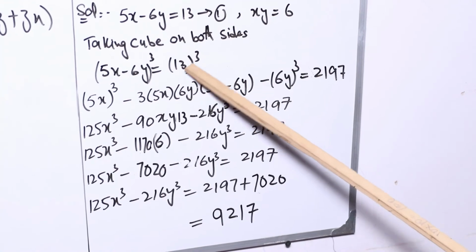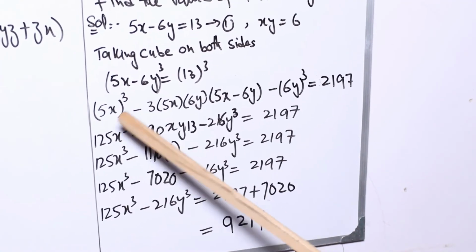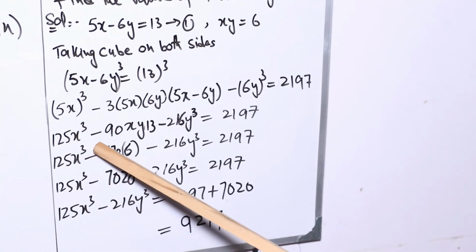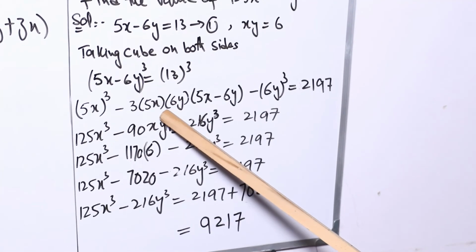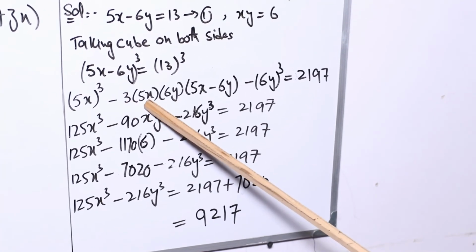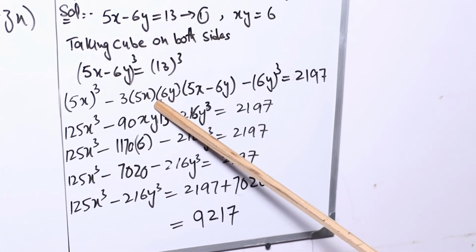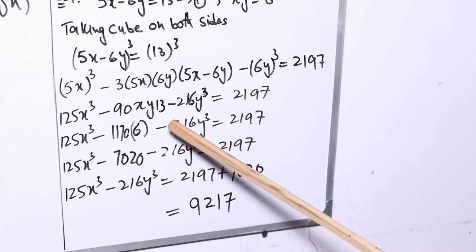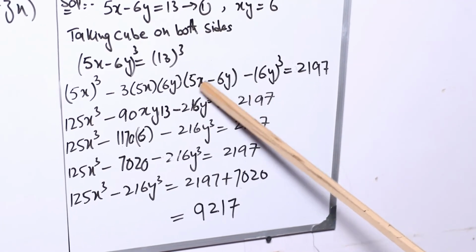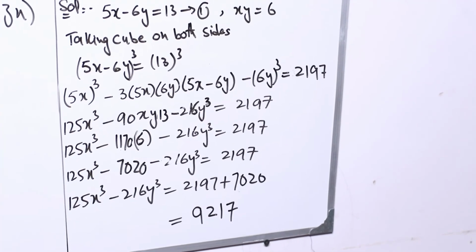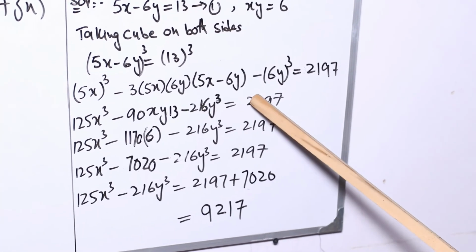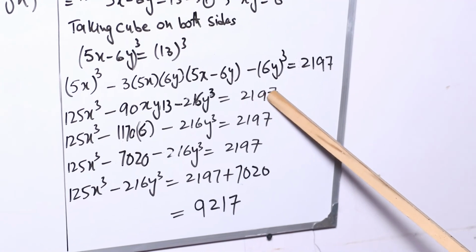So when we take this cube, this is equal to 2197. 5³ is 125x³. So when we multiply 5, 3 and 6, 5 times 6 is 30, 3 times 30 is 90xy, and 5x − 6y is equal to 13. This is equal to 216y³ equals 2197.